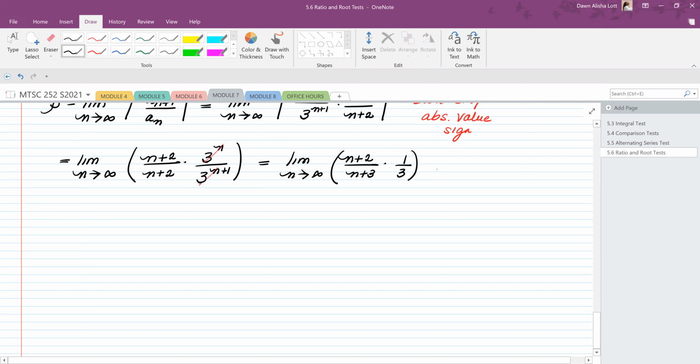And so when I take the limit of n plus 2 over n plus 3, the limit of that is just 1 times 1/3. That's equal to 1/3, which is less than 1. So therefore, this series converges absolutely.